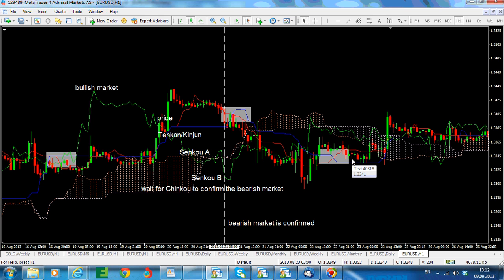Remember what the Kinjun and the Tenkan lines mean. They are the average between the highest high and the lowest low for the 9 periods for the Tenkan, and the average between the highest high and the lowest low for the 26 periods for the Kinjun.